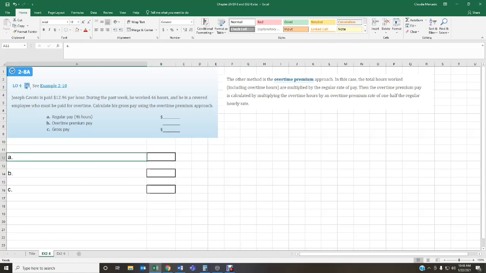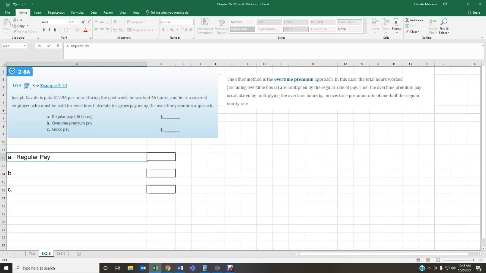Let's start working on this problem, so we can see what they're referring to with the overtime premium approach. First, we're going to get the total hours worked including overtime hours. So for letter A, we are going to get the regular pay.